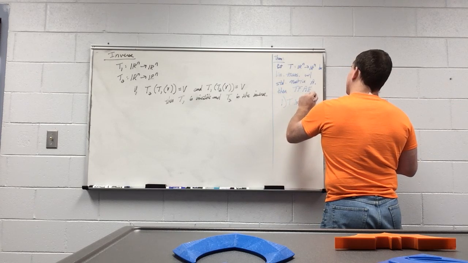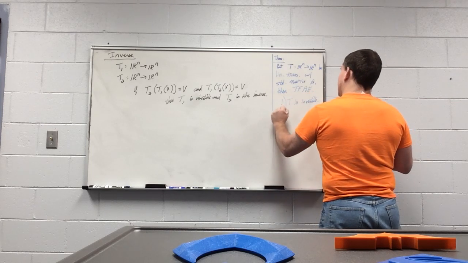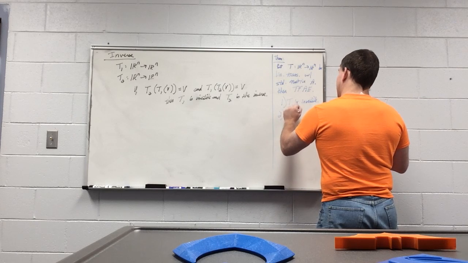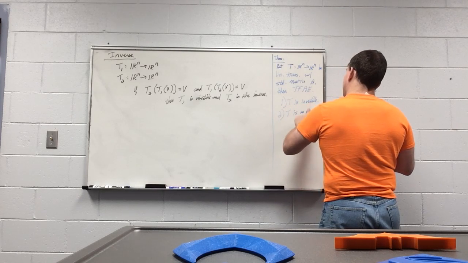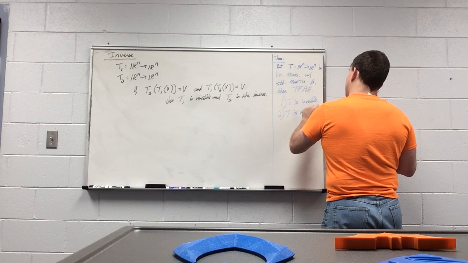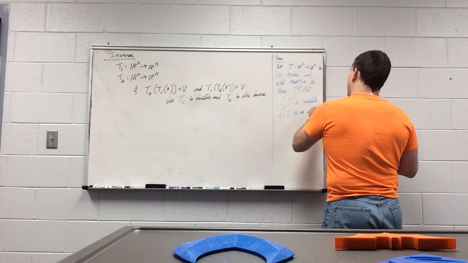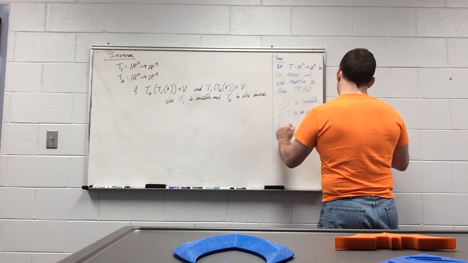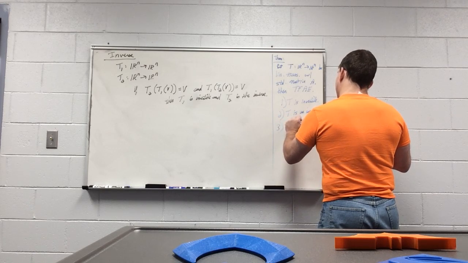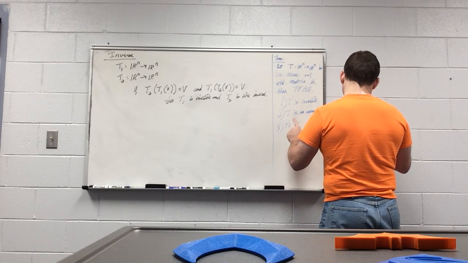T is invertible. 2. T is an isomorphism. And 3. A is invertible.